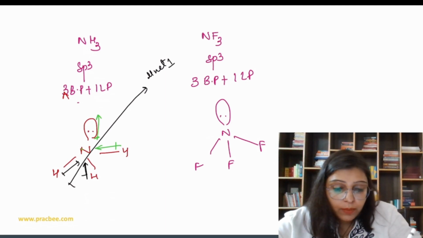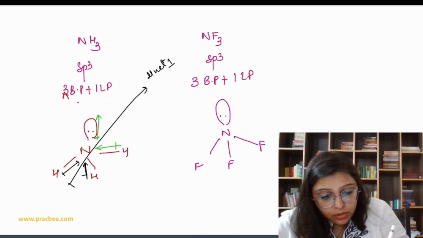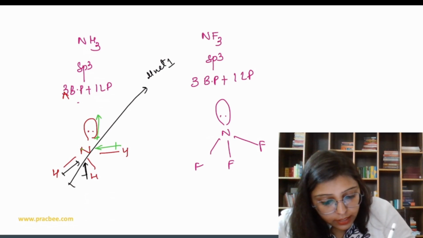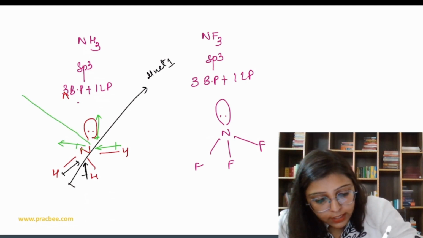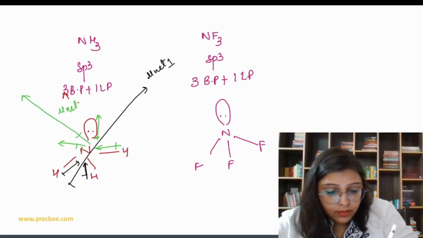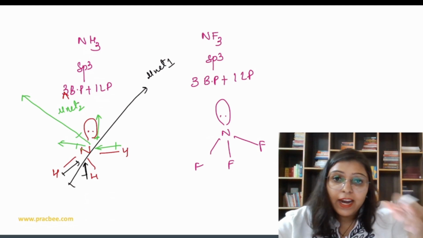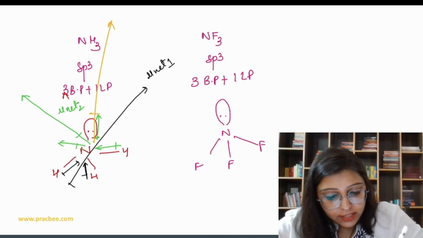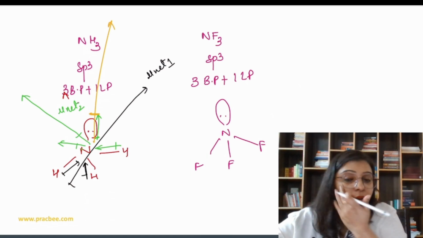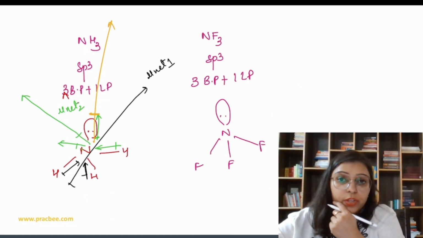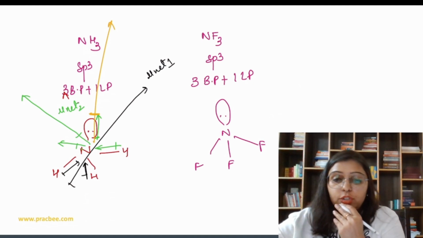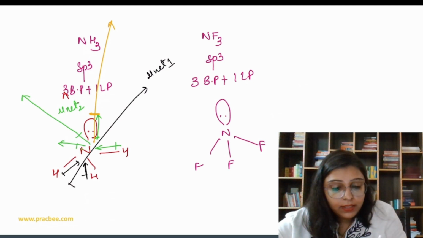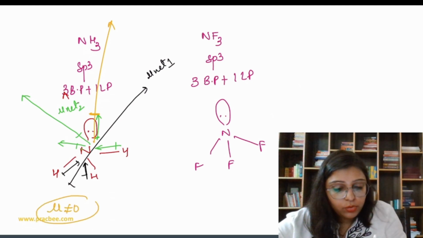So the resultant dipole is going to be over here, like this. The resultant dipole moment is this. So mu net 2 is this, and mu net 1 and mu net 2 together are going to be in this direction. Clear or not? Okay. So it means the dipole moment here is not equal to 0.